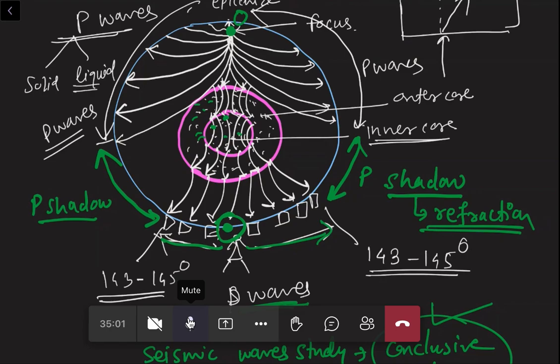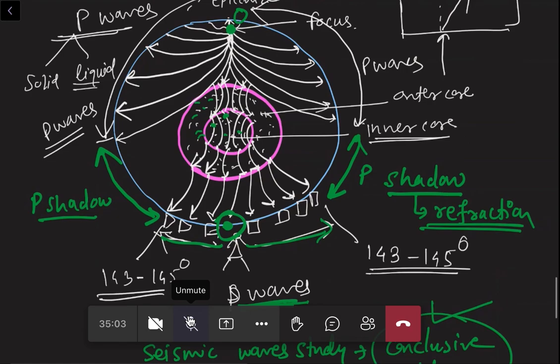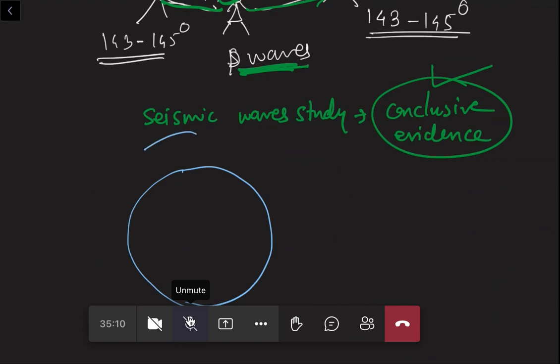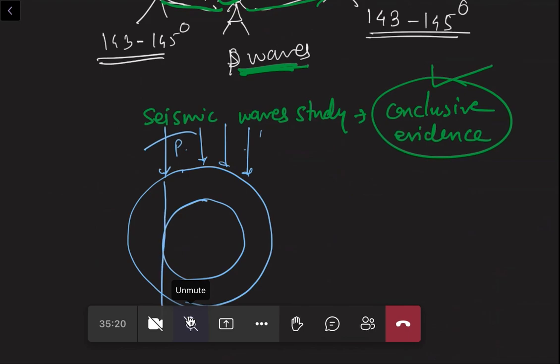Okay, so what happened is, just see, suppose this is the outer core, and this is the inner core. When the P wave comes here, it will not go directly straight like this.